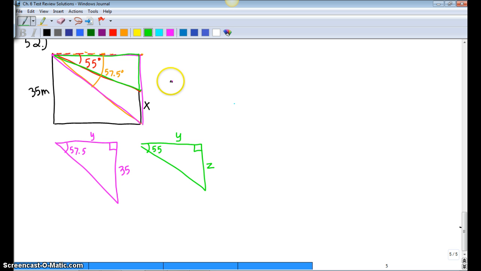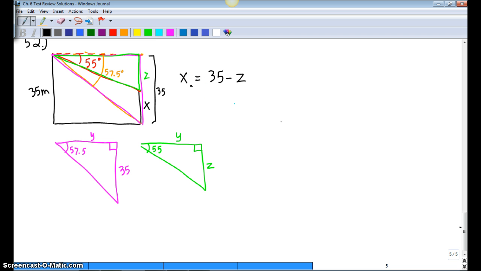Well, in the end, x is the height of our street light, x is really our 35 meters tall distance. Nope, sorry, that's not y, that's z. So 35 minus z gives us our x value.